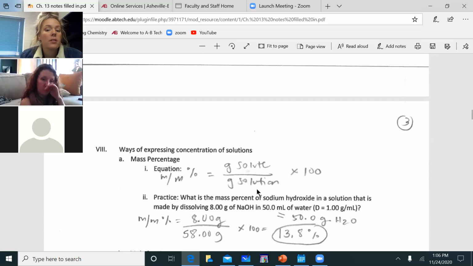This is both the solute and the solvent. What I sometimes see people do with these equations is go grams of solute divided by grams of solvent, like grams of the salt divided by grams of the water. But you actually have to include the grams of the solute in the denominator as well. It's part divided by total.